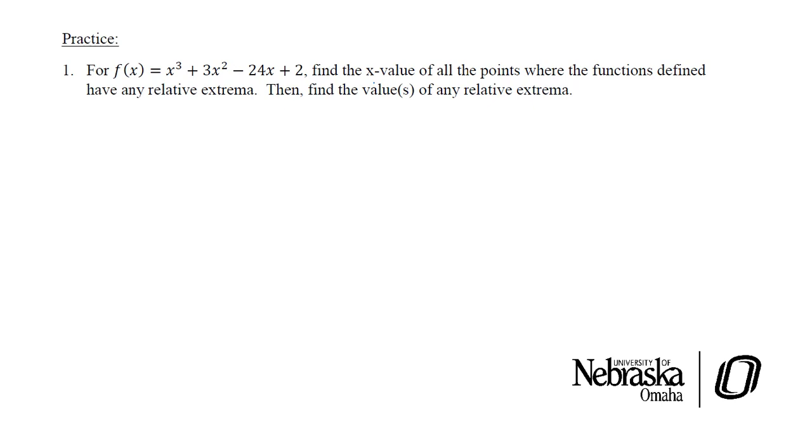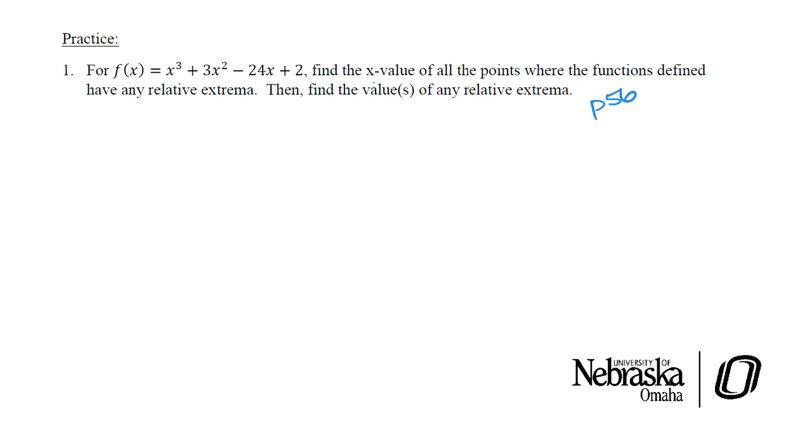Now we are on page 56 of your notes. For f of x equals x cubed plus 3x squared minus 24x plus 2, find the x values of all points where the function is defined that have any relative extrema. Then find the values of any relative extrema.